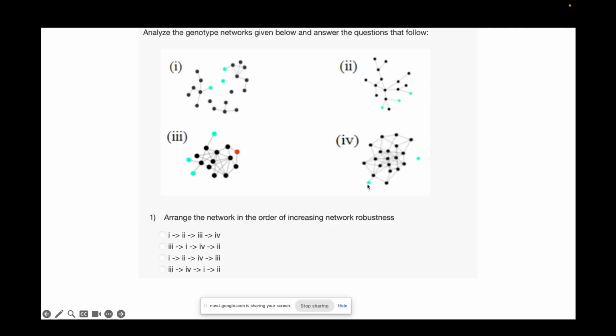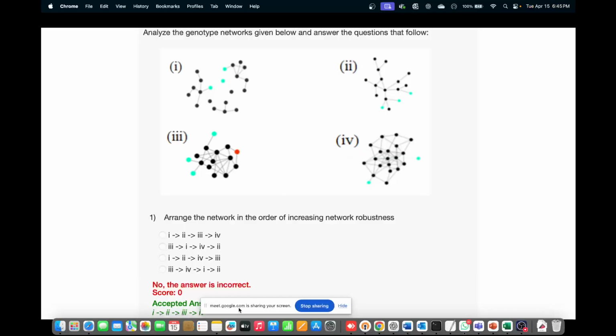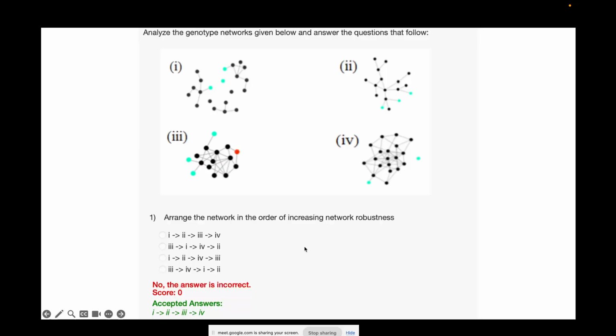The fourth one has the highest density of connections from visual inspection, which means there are many alternative routes between different parts of the network, which is what we are looking for. In terms of increasing robustness, from the least to the most robust, the least will be the first one, then two, then three, then four. So the answer is: one is the least, two is a little bit more, third is even more, and fourth is the highest.